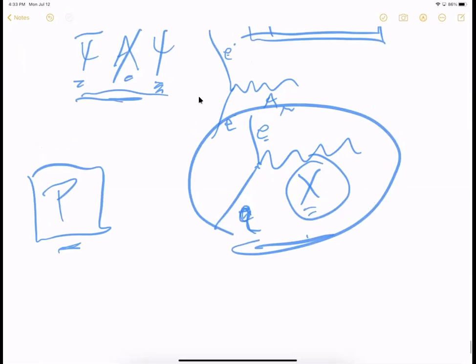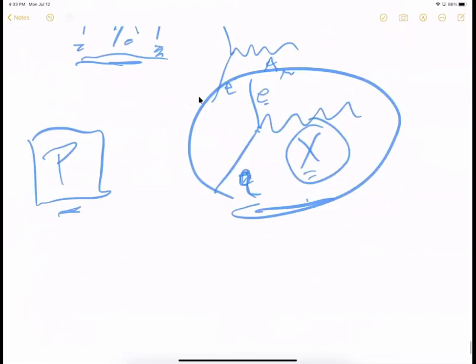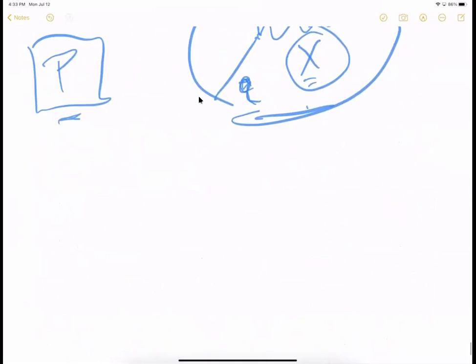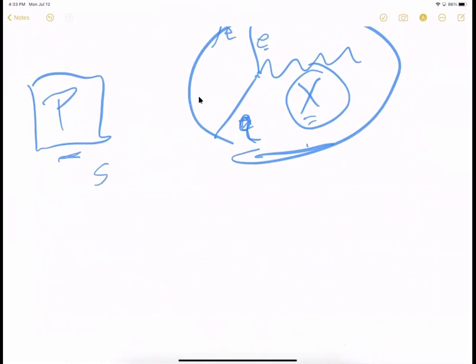And maybe you can modify the theory some way that would make it work, but that particular unification isn't so hot. But you can use SO(10), or, well, you could use SO(87), and that's big enough to contain SU(2) cross SU(3) cross U(1). So there are infinitely many choices for a grand unified theory.